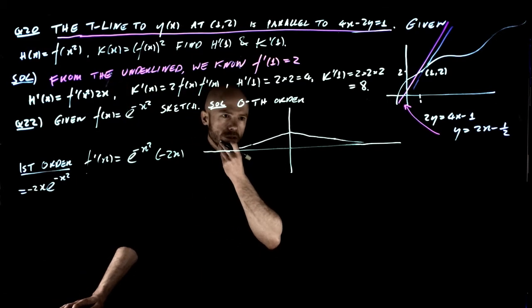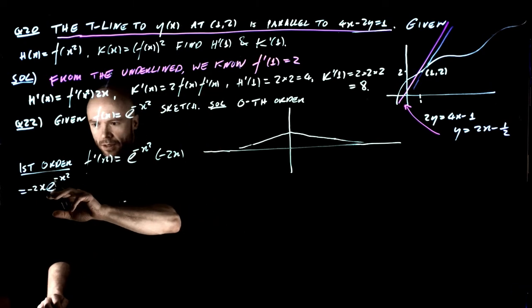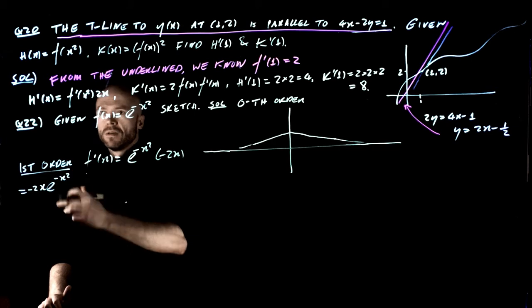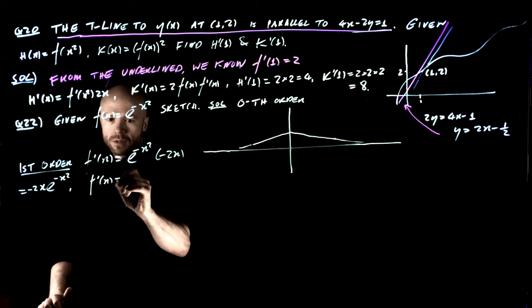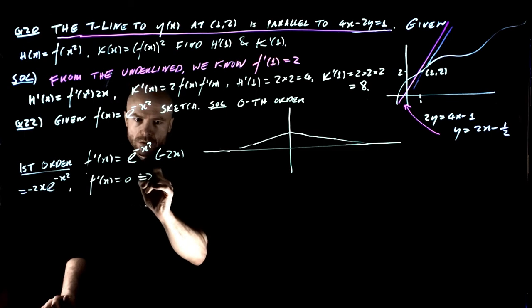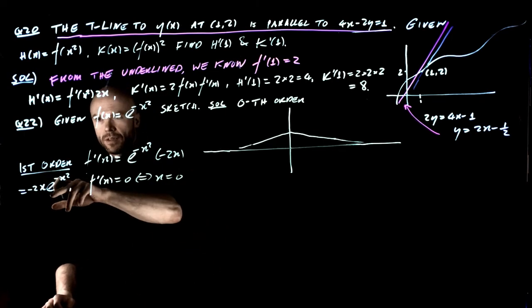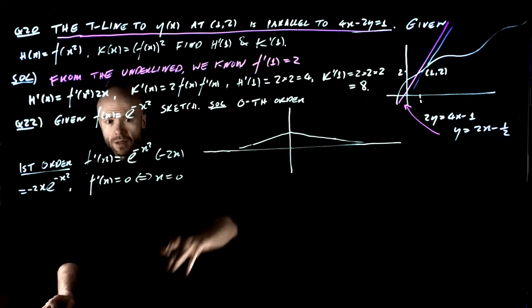All right, so that's cool because that's an easy thing to understand. We don't have to create a table. This is only 0 when x equals 0, so f prime of x equals 0 only when x equals 0. And if x is positive, then the sign of this is negative, and if it's negative, the sign is positive, which is consistent with what we see here.